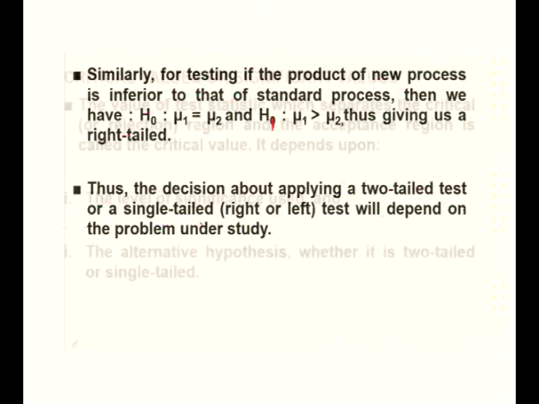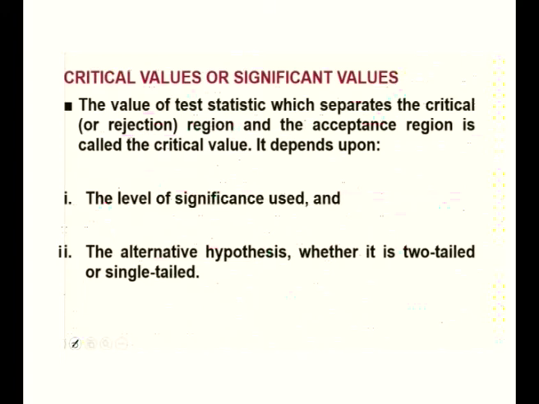Now, continuing with the discussion about terminologies in test of significance. Next terminology is critical values or significant values. That is, this is the calculation part and the most important part of test of significance. The value of test statistic which separates the critical region and acceptance region is called critical value, and it depends on the level of significance used and the alternative hypothesis whether it is two-tailed or single-tailed.